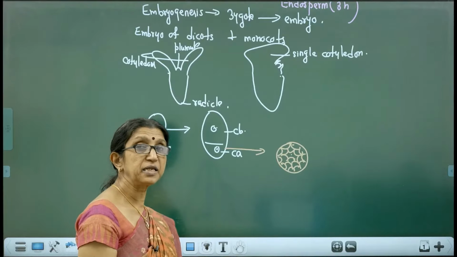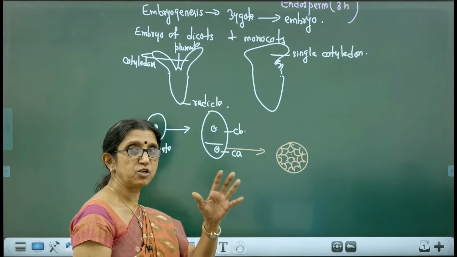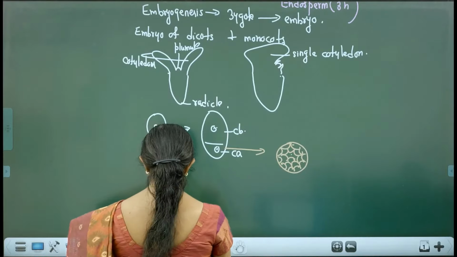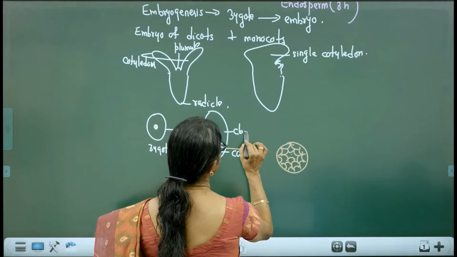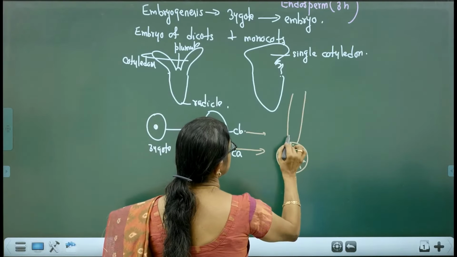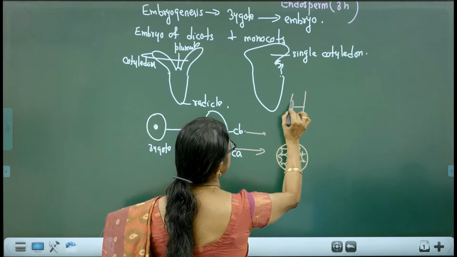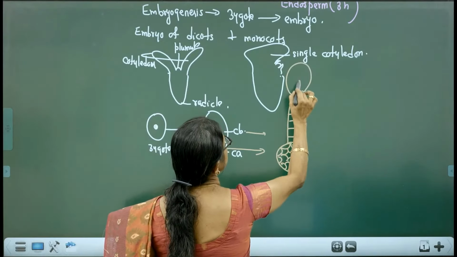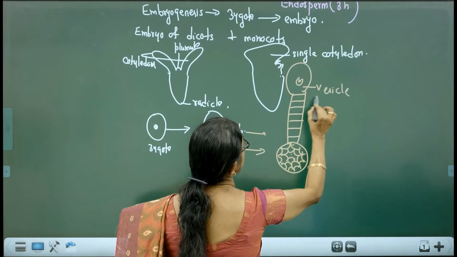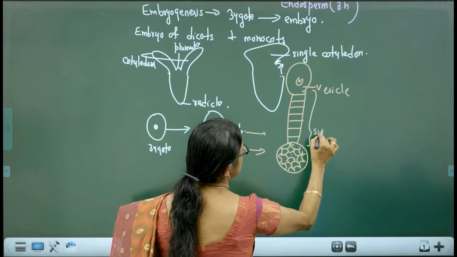It is continued till there is formation of a globular structure like this. By that time, CB will undergo repeated divisions and there is formation of a structure like this. This is the vesicle. The whole thing is called a suspensor.